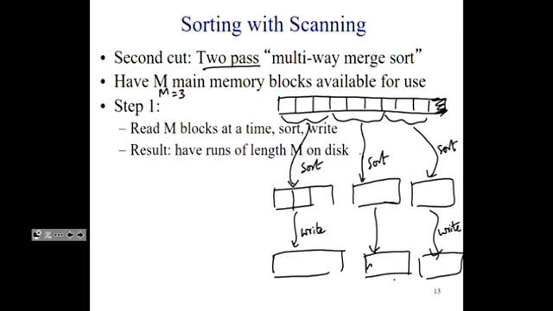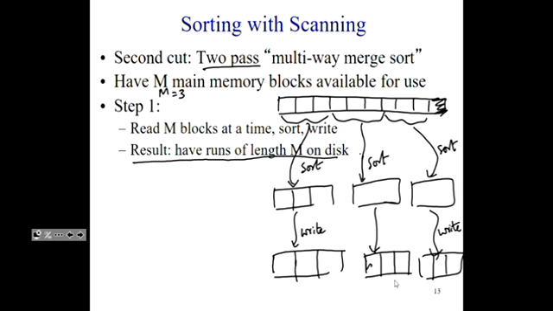Now what I basically have as the result is runs of length M on disk. So I have sorted sequences of blocks of length 3. I've taken 3 blocks at a time, done a sort, and then stored it on disk.